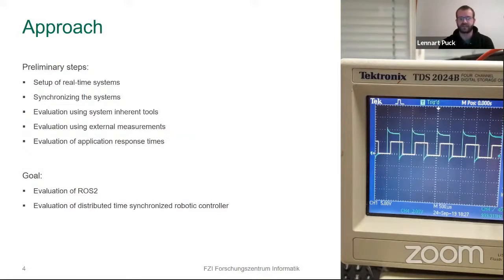They are not that ROS2 specific, more like a system setup to enable real time. Later I will talk briefly about the evaluation of ROS2, what our key findings were, and how to set up ROS2 applications so that they are real-time capable. This is all towards the goal of a distributed and time-synchronized robotic controller.